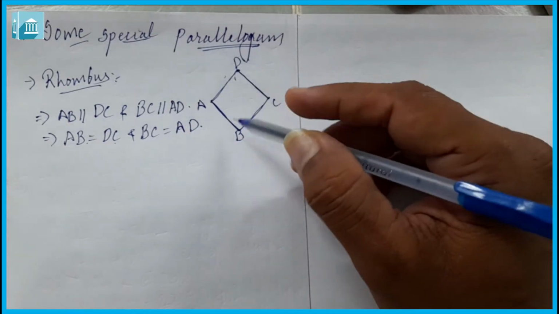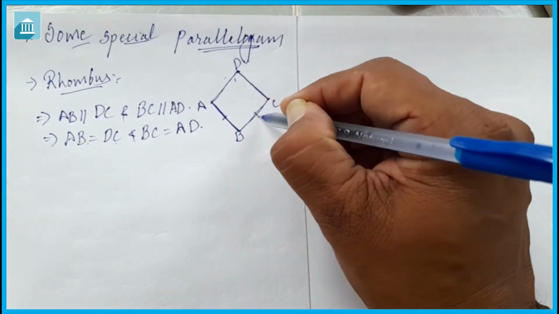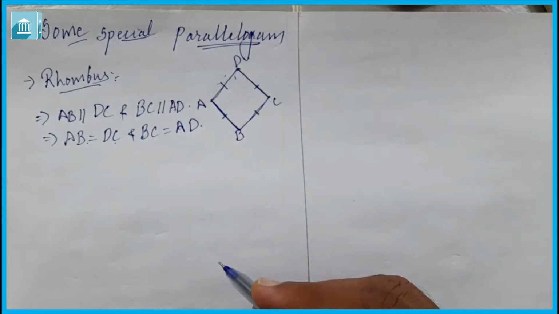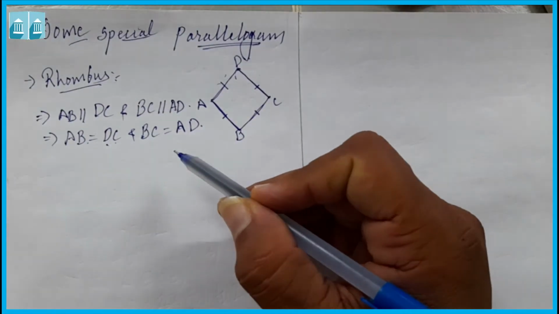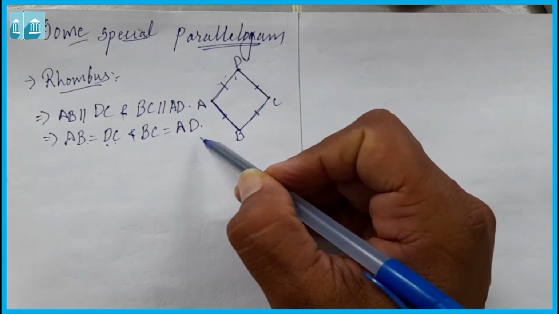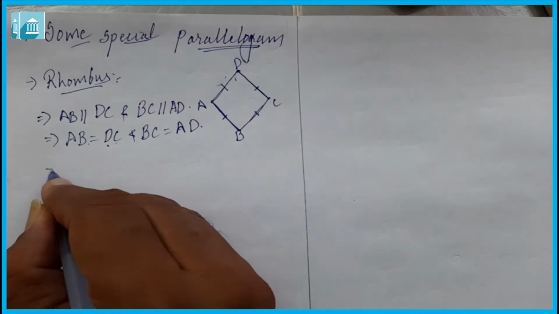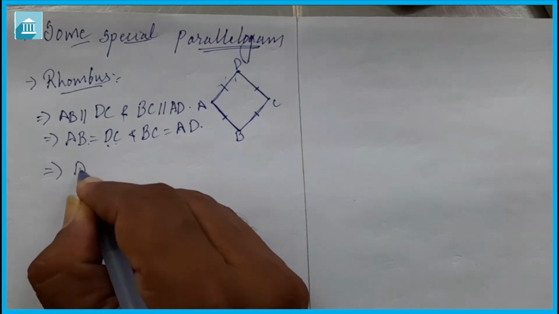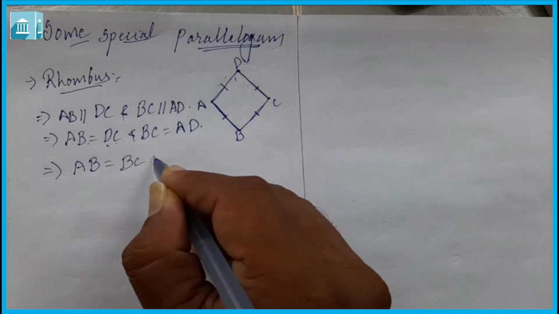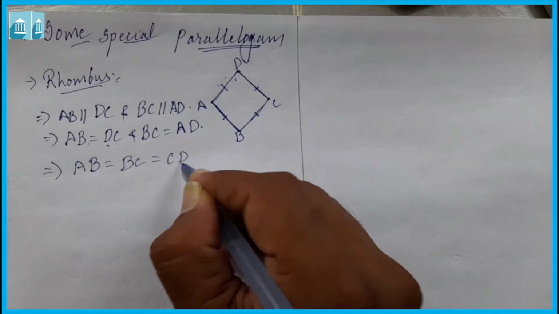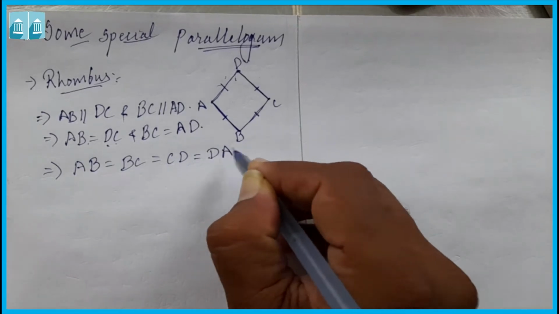The other property is that all the sides of a rhombus are equal. So here we had AB equal to DC and BC equal to AD, but in a rhombus we can say that all the sides are equal, means AB is equal to BC is equal to CD is equal to DA.